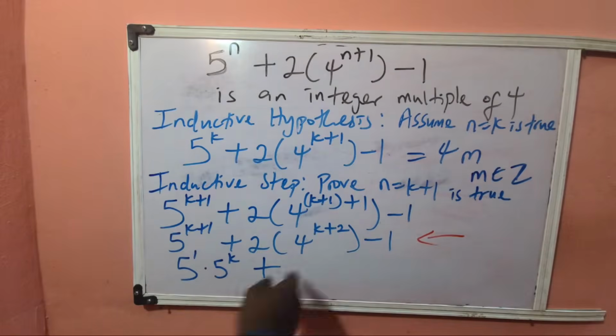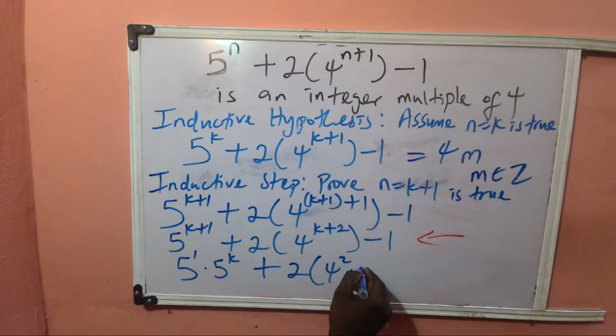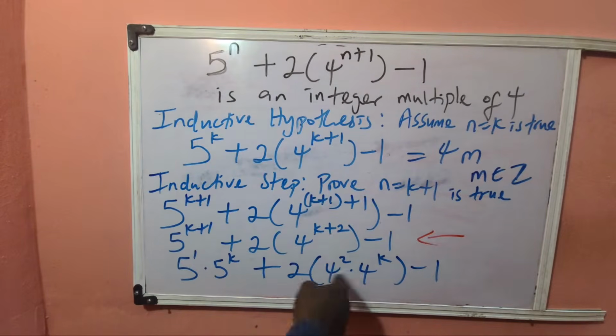So in this case now, I'm sure you agree with me that this is the same thing as 4 times 2 multiplied by 4 to the power k. I'm sure you agree that I can write 4 raised to the power k plus 2 as this.